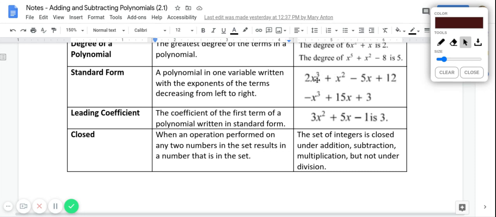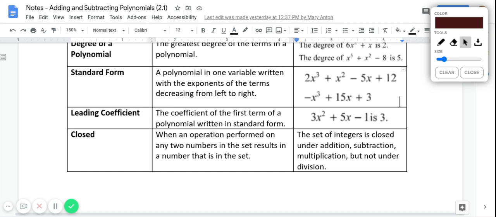So do you see this is cubed, squared, to the first power, to the 0, 12 times x to the 0 power. And this is 3, 1, and then 0. So this is very easy to see what the degrees of each of these polynomials are now because it's just the degree of the first term. So this one is degree 3, the top one is degree 3, the bottom one is also degree 3.